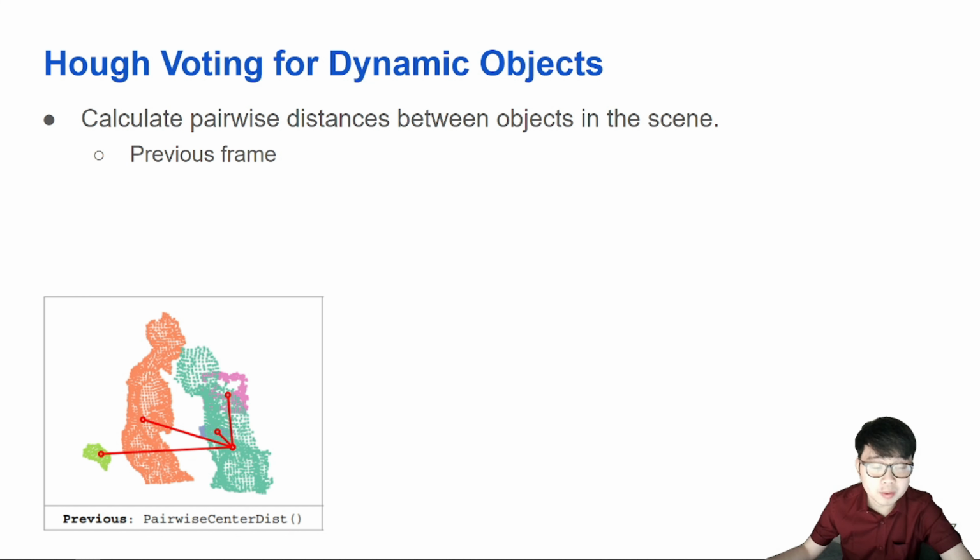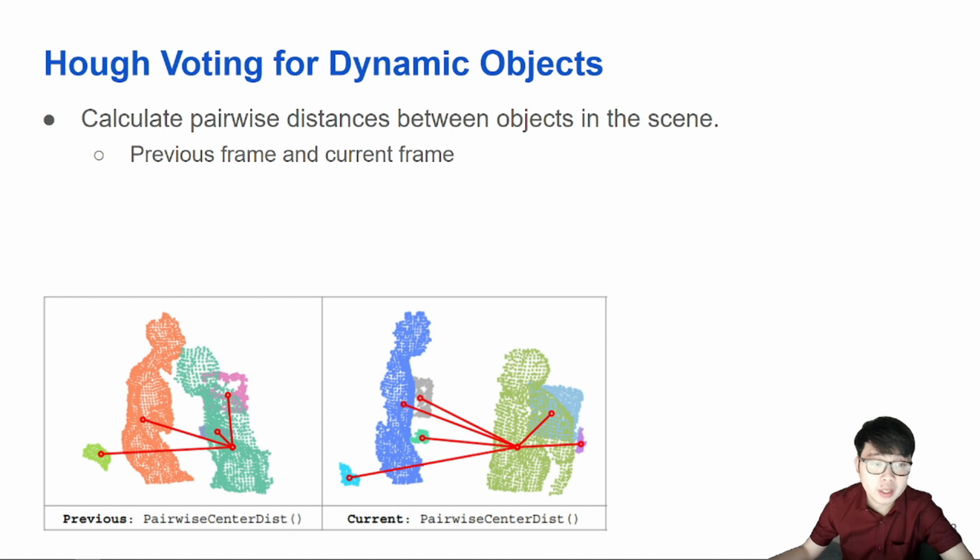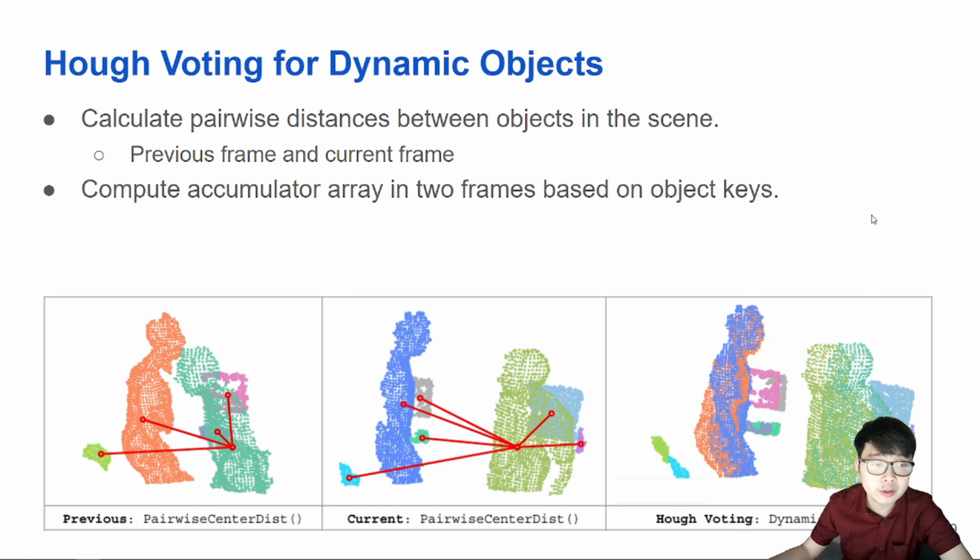We calculate these pairwise distances in frame t minus 1, and then we also calculate the similar distances in the current frame, so the algorithm takes frames t minus 1 and t. Then we compute the accumulator array for the two frames based on the object keys.